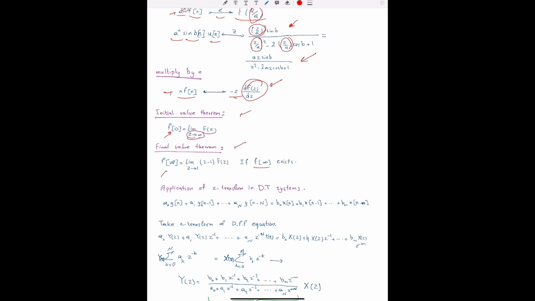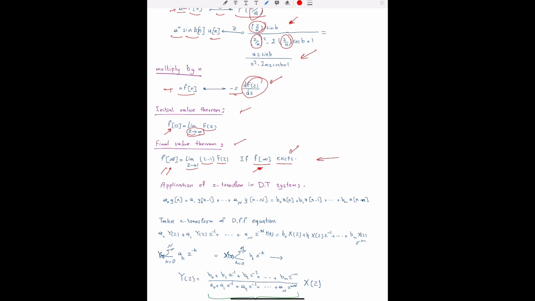And if f of infinity exists, that is, it is a finite value, then we can take the limit of z minus 1 times f of z as z goes to 1, and that will be the answer for the finite value of f of infinity, if it actually exists. Okay, so these are some of the properties.